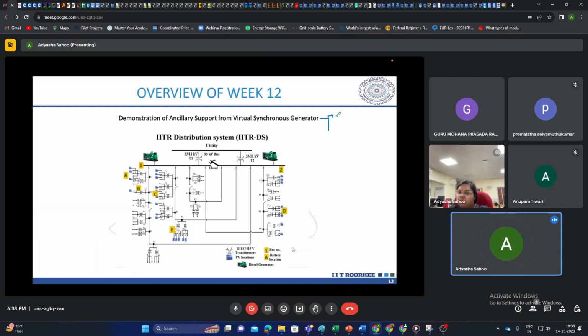Here, if you remember in the previous lectures, we were using it for inertia support, basically the concept of virtual inertia, and also for frequency support. Although it may also give ancillary reactive power support, the study we were doing was trying to derive the ancillary inertia support and frequency support from this virtual synchronous generator.